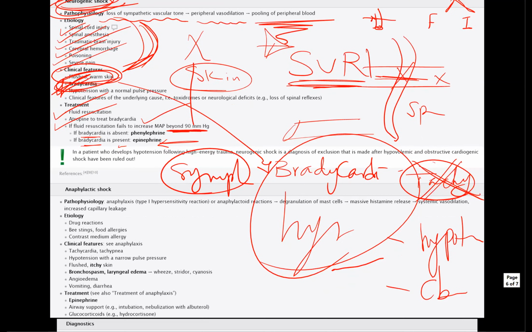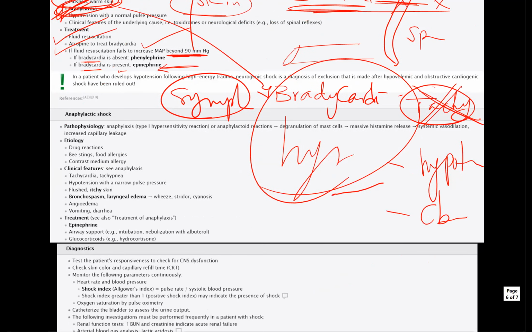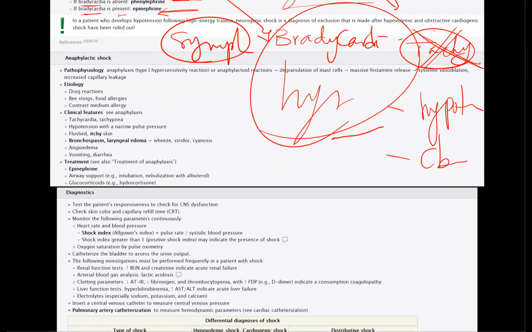Okay, lastly, we have anaphylactic shock. It is also an airway problem. Even if the patient is in respiratory failure, you will do intubation. We think in an ABCDE manner: airway, breathing with adequate ventilation, then circulation, checking the circulatory system.